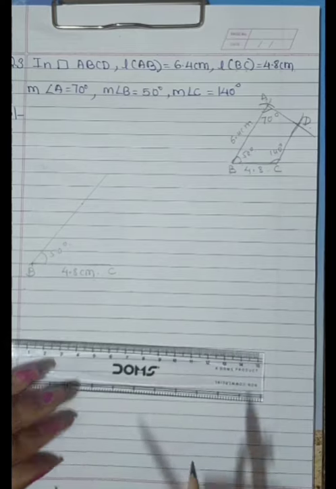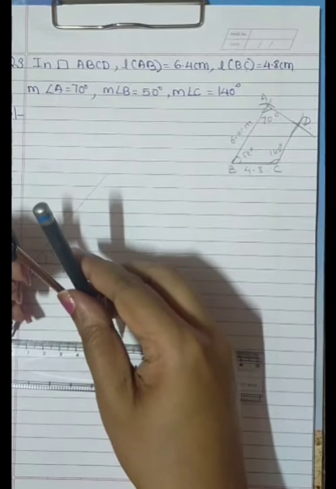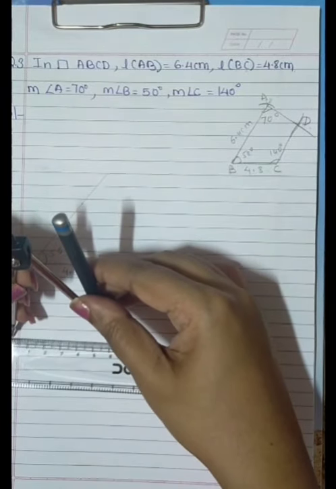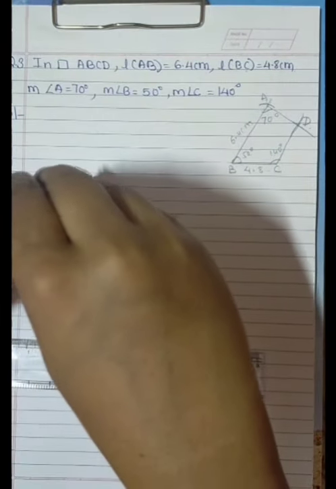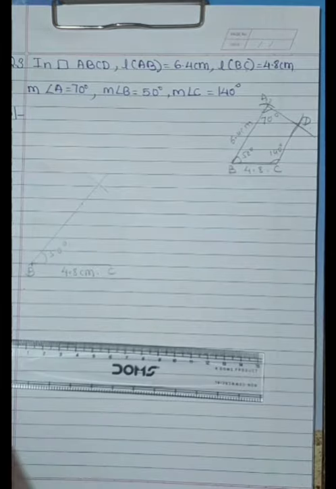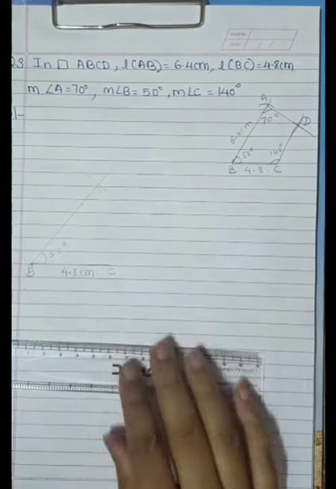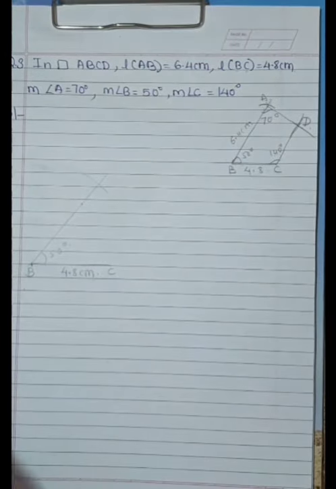Okay, 6.4 centimeter arc. The 6.4 centimeter arc is here. Okay, now what is given? Measure angle C is 140 degree.